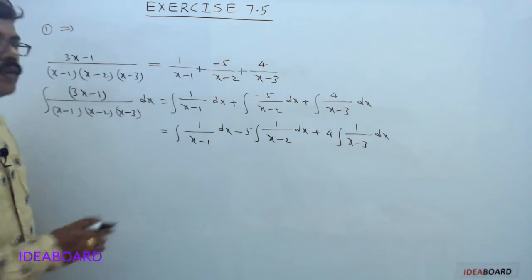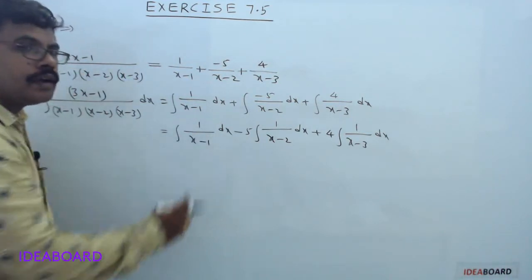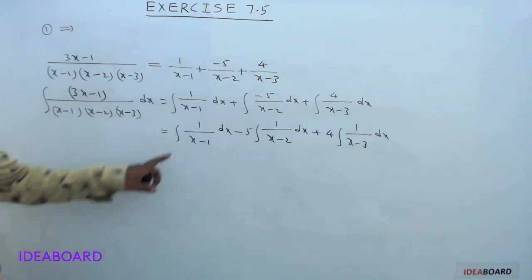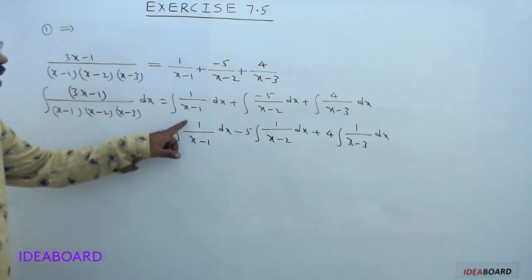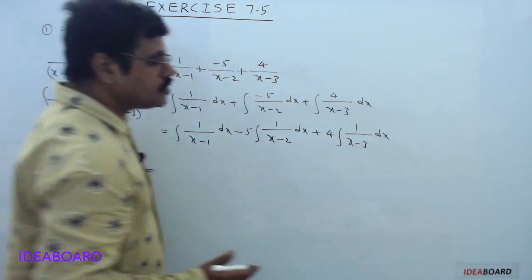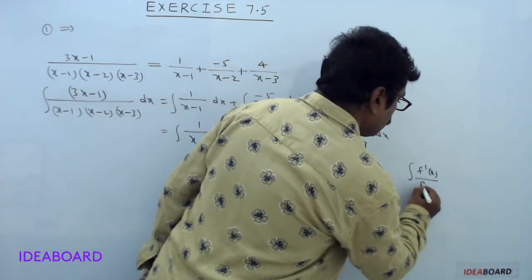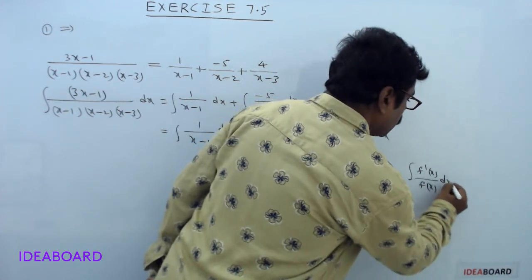Now, what is the derivative of x minus 1? Derivative of x minus 1 will be 1. So, clearly, derivative of the denominator is in its numerator. Now, what is the formula of integral f dash of x divided by f of x dx?